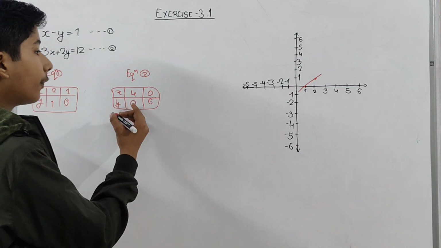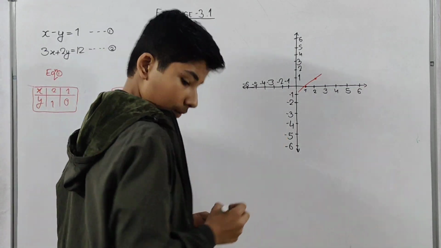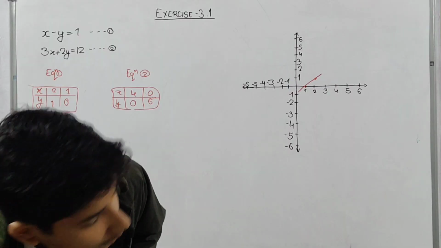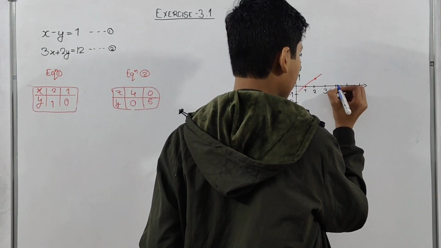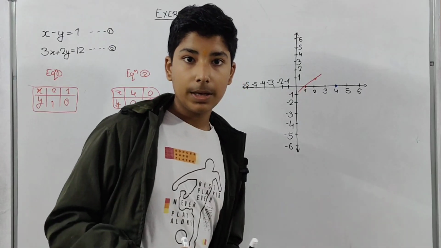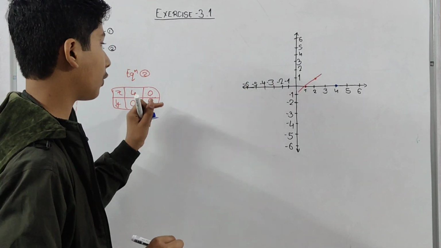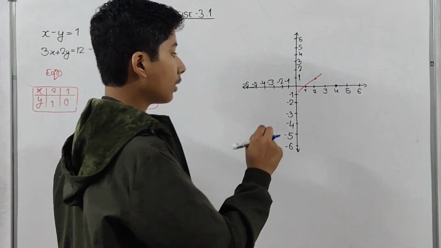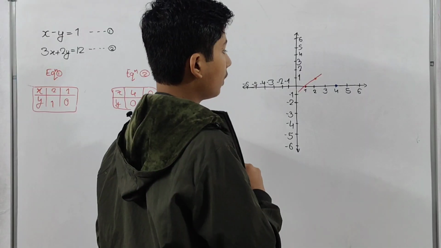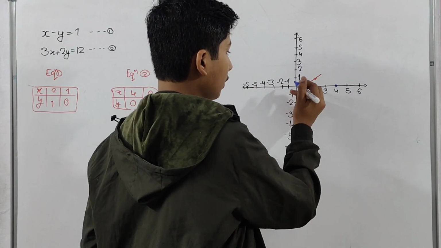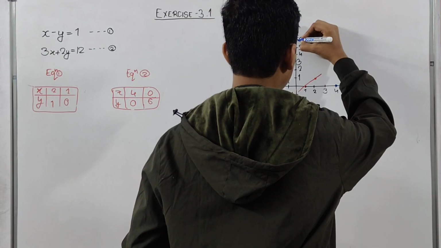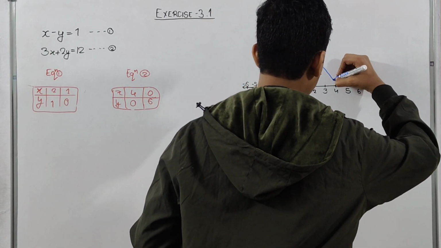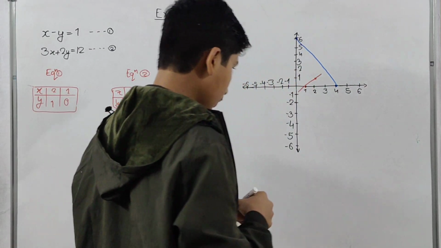Now for this one, 4 comma 0 is here, and the second is 0 comma 6, which is this one. When we join them, it becomes this.